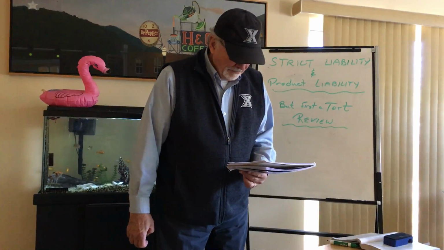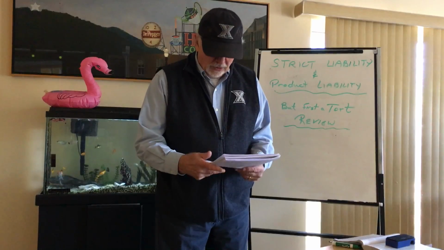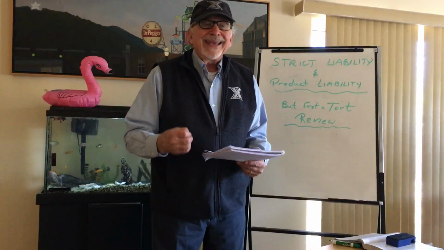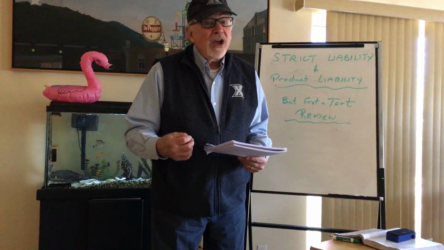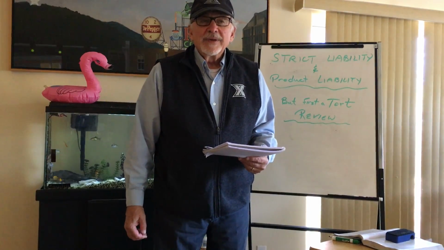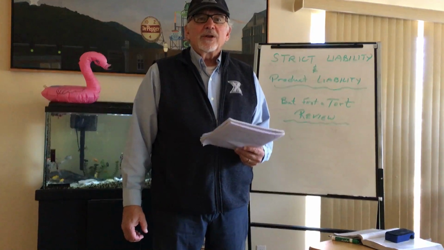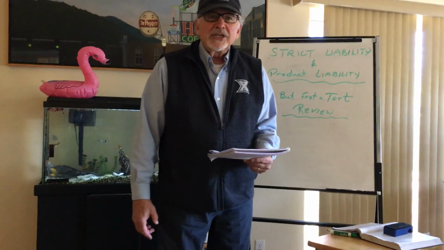Now remember, there are two kinds of torts. One is intentional torts, which is where somebody intends to do harm or should have known they were going to do harm. For example, one of the intentional torts is assault, when you put somebody in fear of bodily harm. Another intentional tort is defamation.